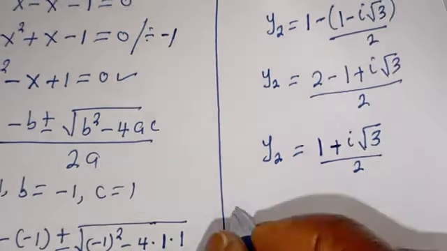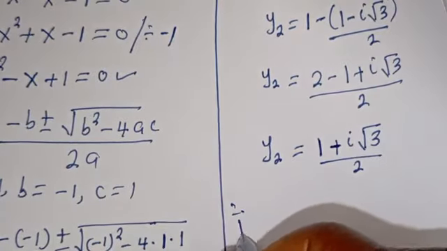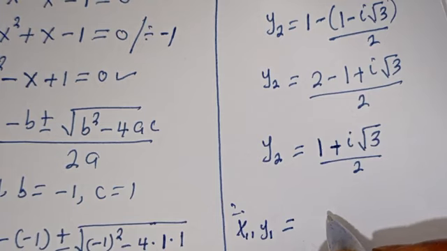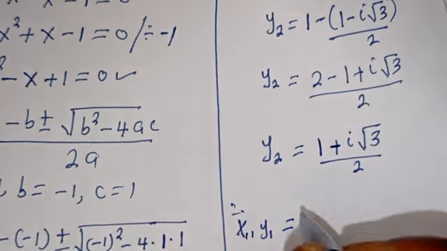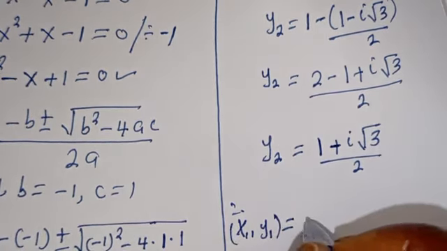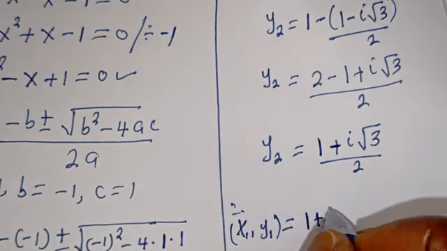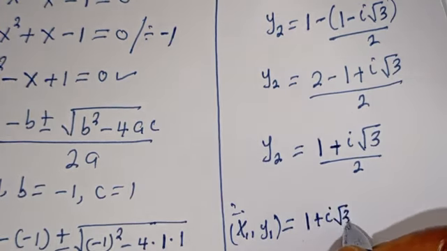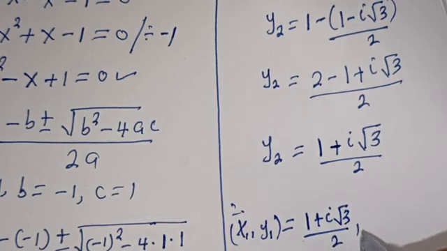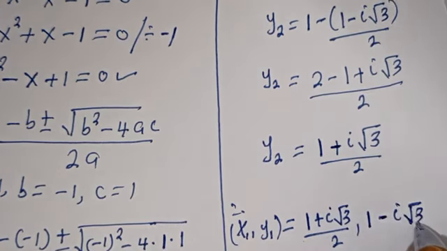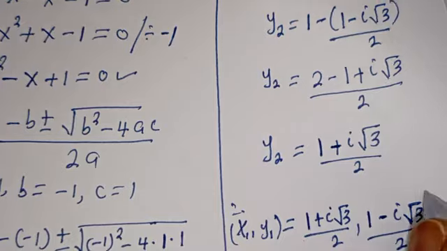Our final answers are x1, y1 is equal to 1 plus i root 3 divided by 2, 1 minus i root 3 divided by 2.